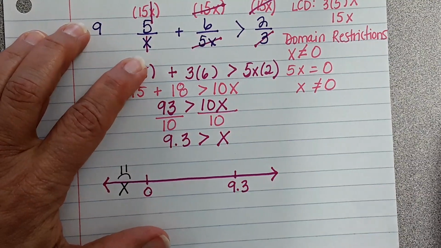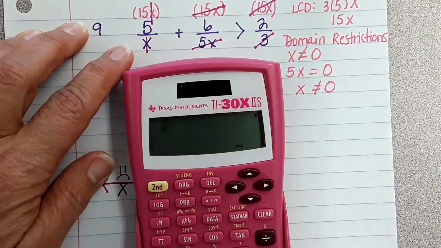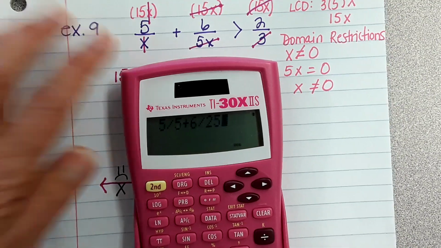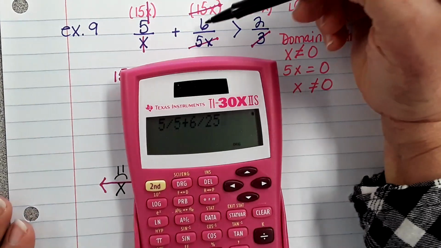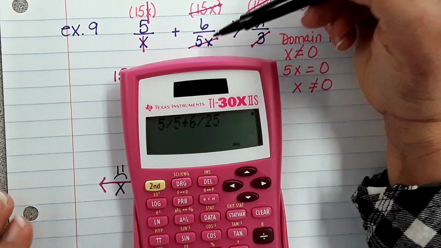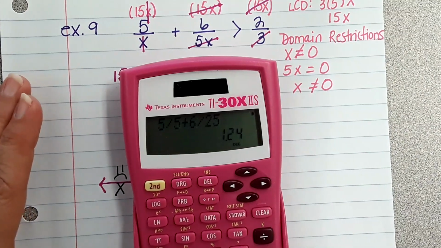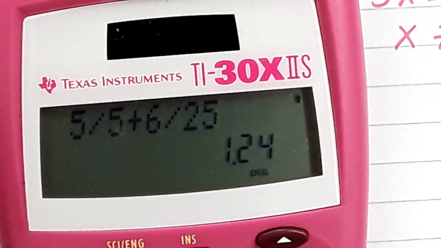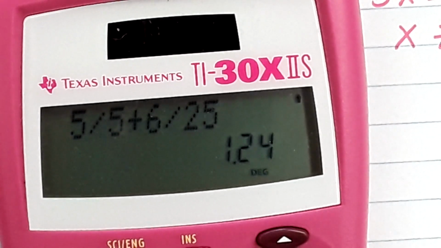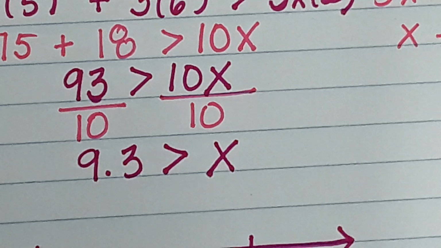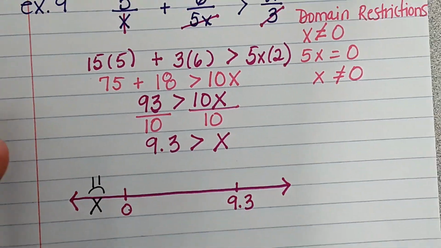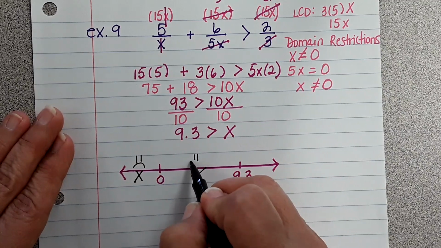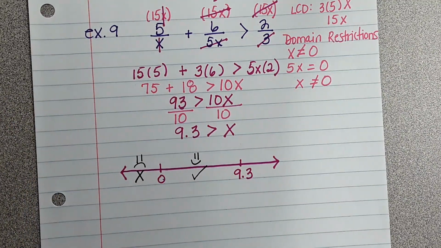So right here, we're going to do 5 divided by 5 plus 6 divided by 25, because 5 times 5 was 25, and I get 1.24. Is that greater than 2/3? Is that a true statement? It is a true statement. So right here, we're going to put a little check mark. We're going to put a smiley face, because that means any of those numbers will work.